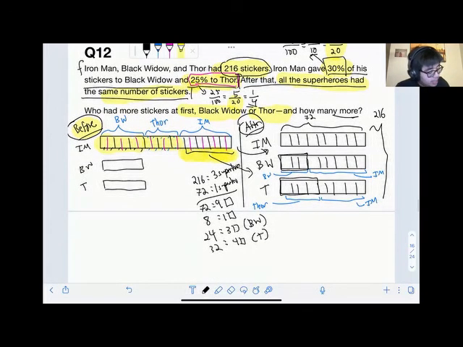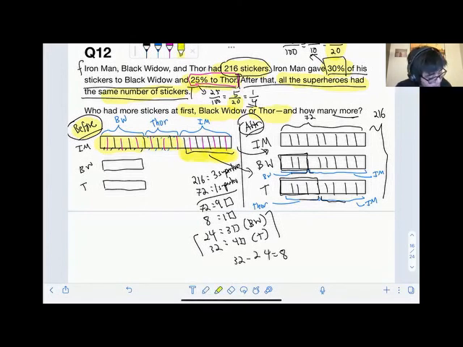And there we saw that if Iron Man gave 6 to Black Widow, she only had 3 boxes at the start. If Iron Man gave 5 boxes to Thor, that means Thor only had 4 boxes at the start. And Ma'am computed that 3 boxes of Black Widow is 24, and 4 boxes of Thor is 32, and 32 minus 24 equals 8.